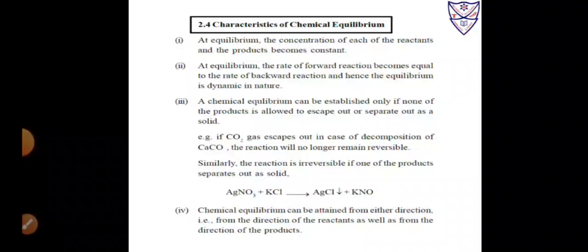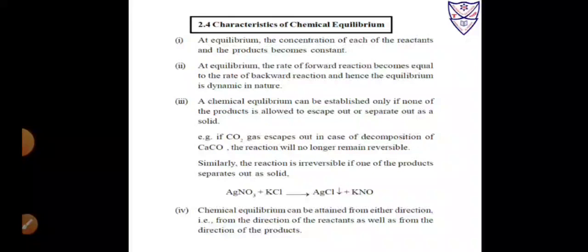Chemical equilibrium can be established only if none of the products is allowed to escape or separate out as a solid. For example, if carbon dioxide gas escapes in the decomposition of calcium carbonate, CaCO3, the reaction will no longer remain reversible. Similarly, the reaction is irreversible if one of the products separates out as a solid.